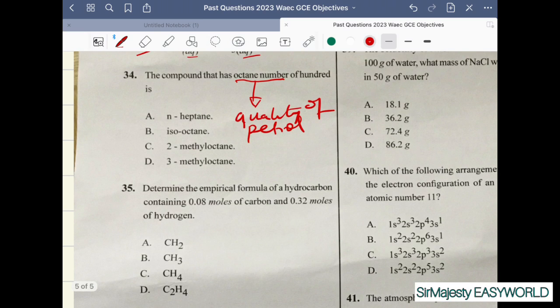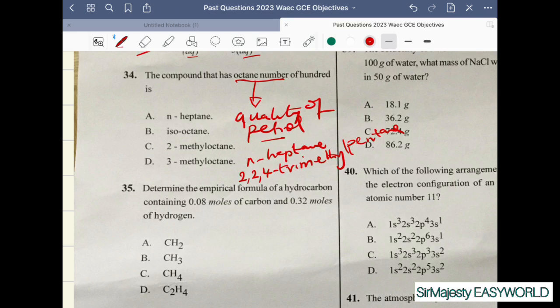And what do we use to know the quality of petrol? An octane number. So octane number measures the ratio of N-heptane to 2,2,4-trimethylpentane.